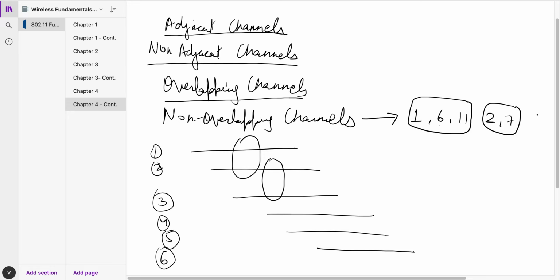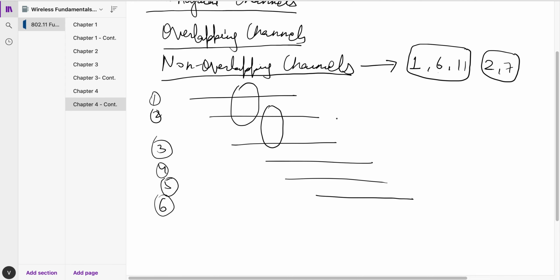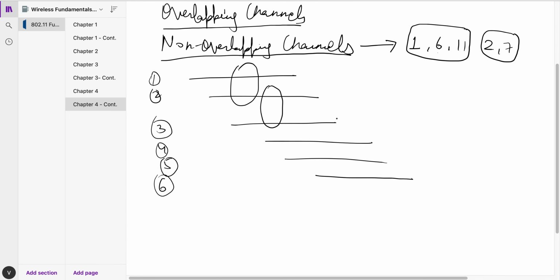A Wi-Fi deployment in 2.4 gigahertz will always happen on 1, 6, and 11 in FCC, in countries where only 11 channels are allowed, because we get three channels and a combination of all of them are non-overlapping. So that's what we use to deploy access points on. That was the first concept.